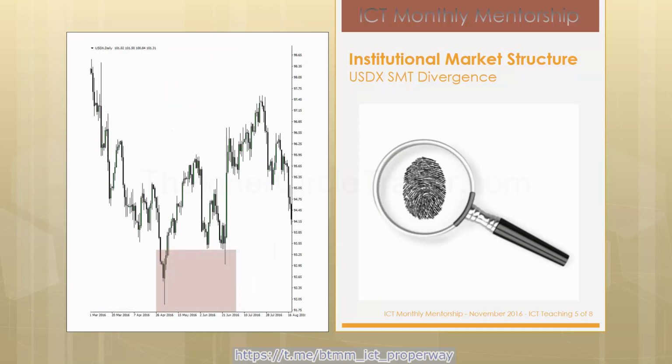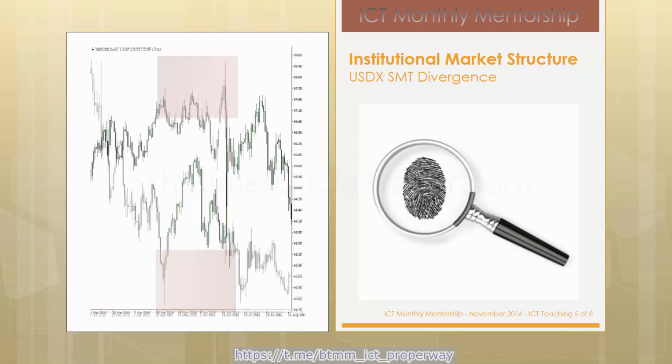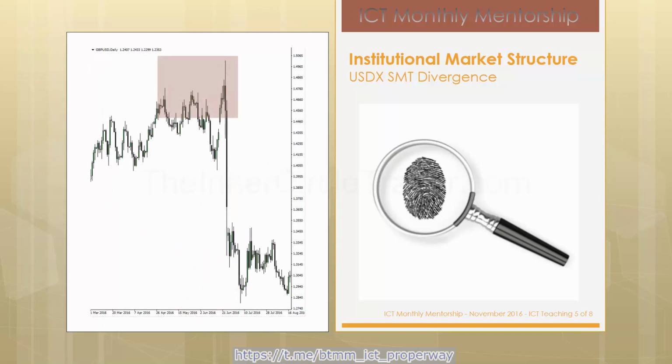In the same time frame, we see the dollar index making a low in the April time period going into mid-June. But notice the difference between the two. Going back to the pound dollar, we have a higher high forming in the middle part of June 2016.